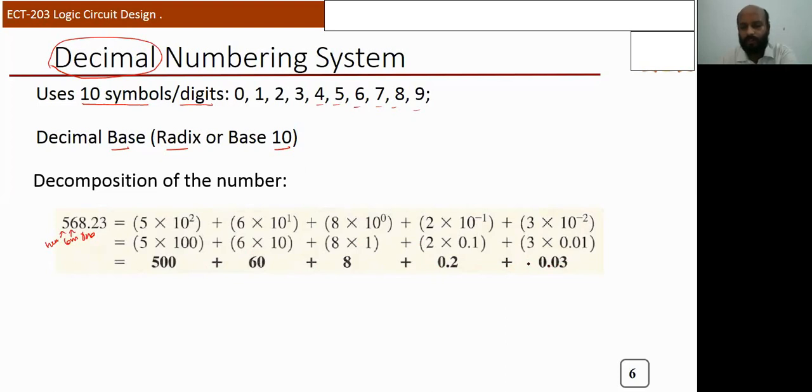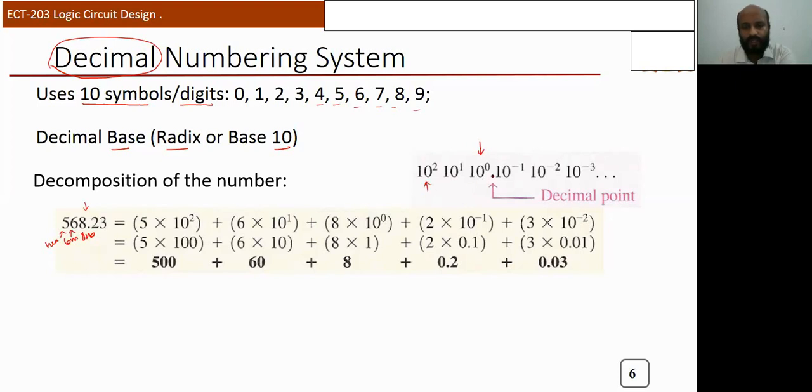That's a very common thing. You can decompose a number. In the case of the decimal number system, you are familiar with this. Okay, so I'll conclude here. Each position has some weight, and those weights are written here. The weight of this particular position is 10 raised to 0. This is 10 raised to 1.